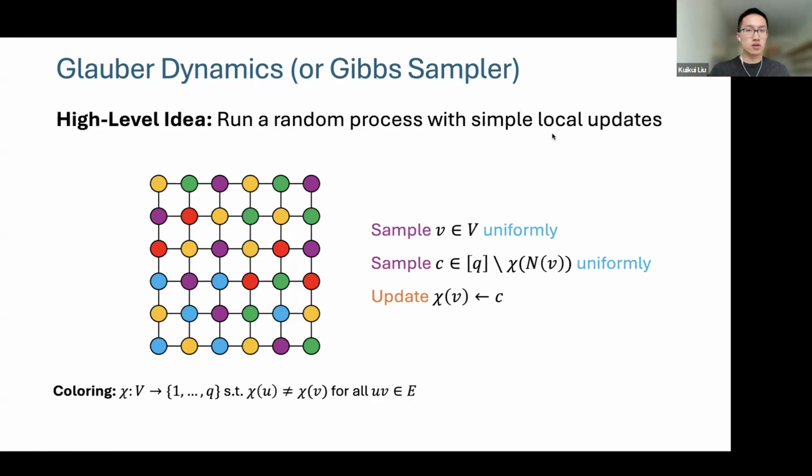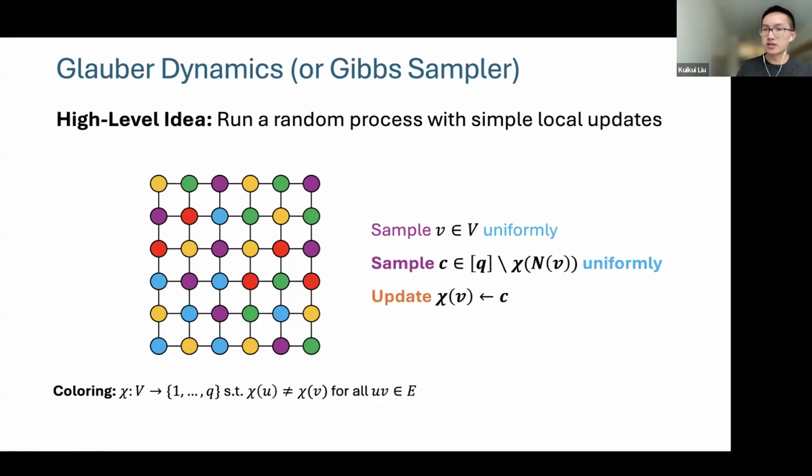In particular, Glauber dynamics evolves as a Markov chain as follows. In each step, I pick a uniformly random vertex, let's say this highlighted one here. Then I look at the colors assigned to its neighbors. These are the colors that I'm not allowed to use. Out of the remaining colors, I'll pick one uniformly at random and recolor this vertex.